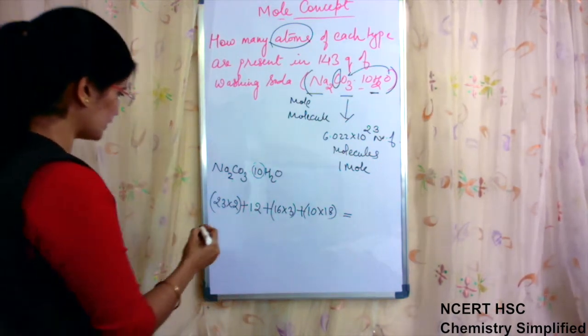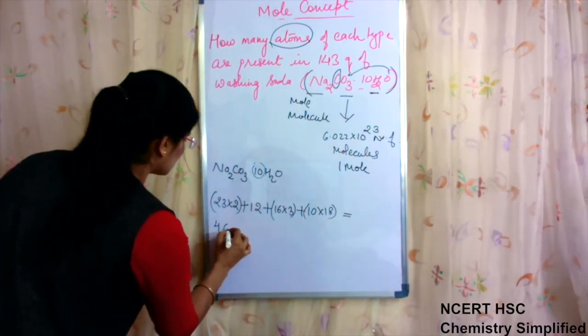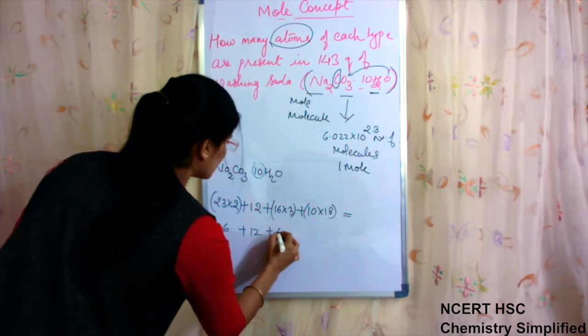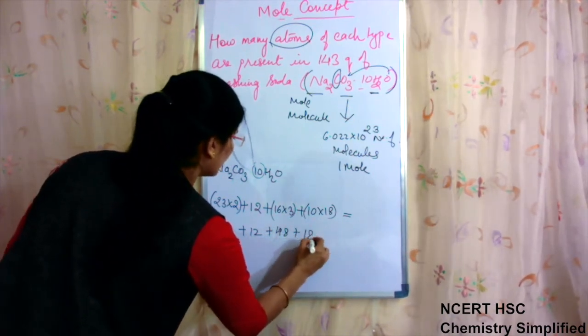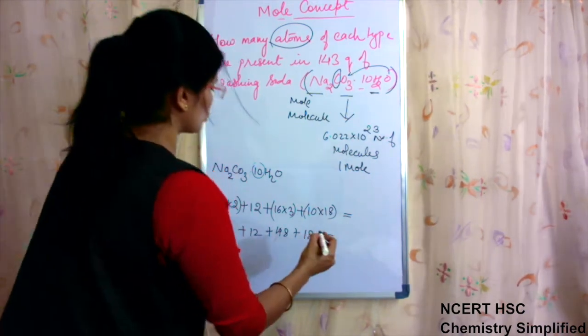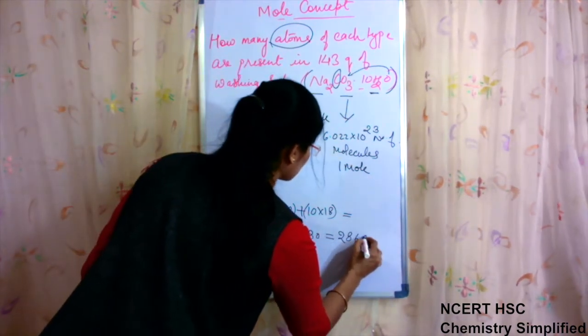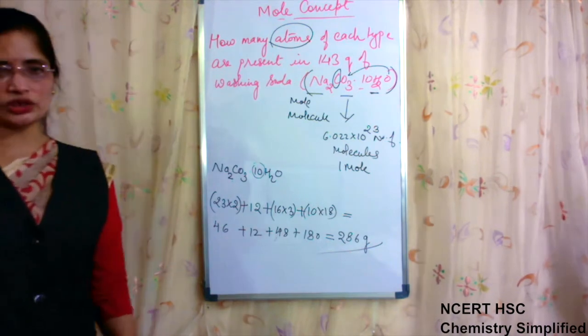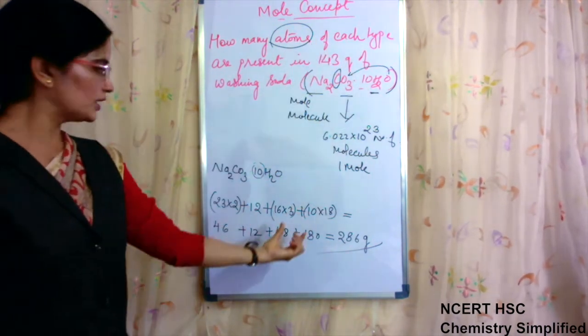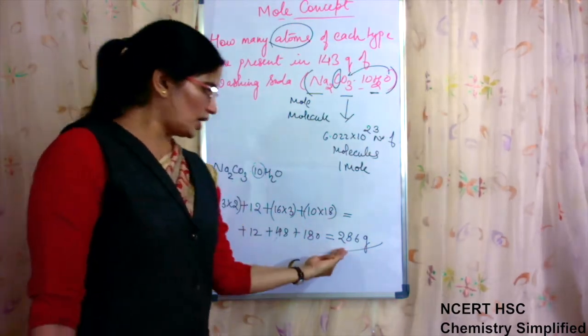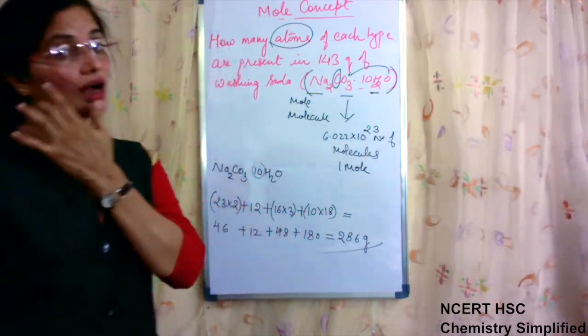So it will be 46 plus 12 plus 48 plus 180. It comes out to be 286 grams. When we do the total, the actual mass according to the formula for washing soda comes out to be 286 grams.